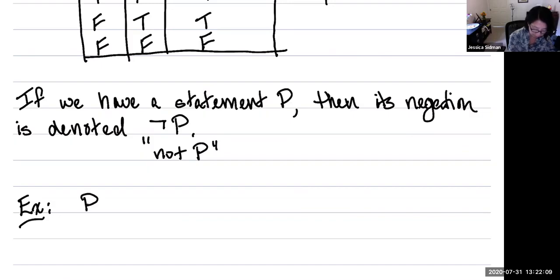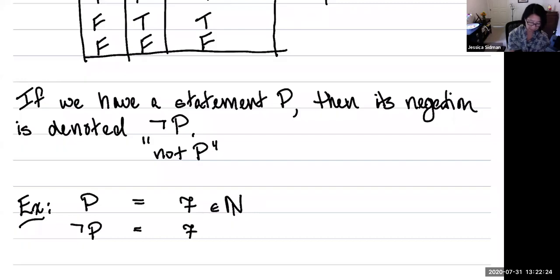So for example, if P is the statement 7 is an element of the natural numbers, then not P is the statement 7 is not an element of the natural numbers.